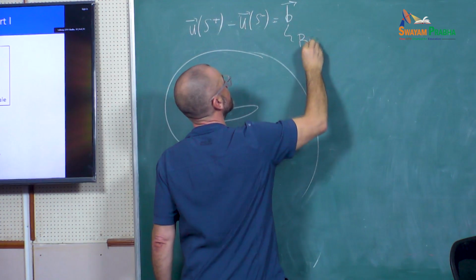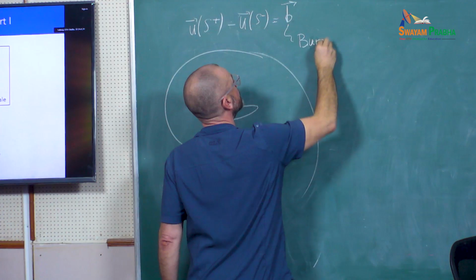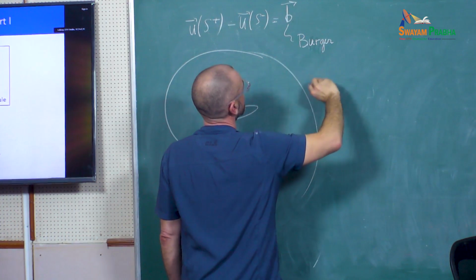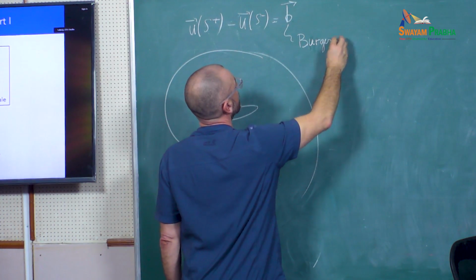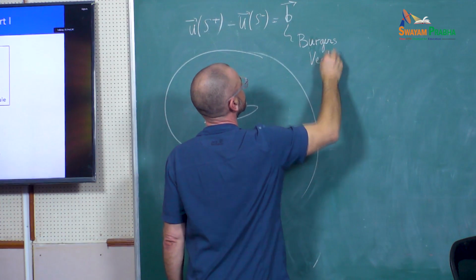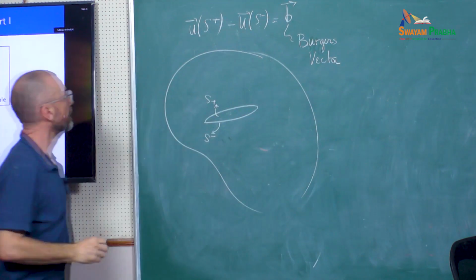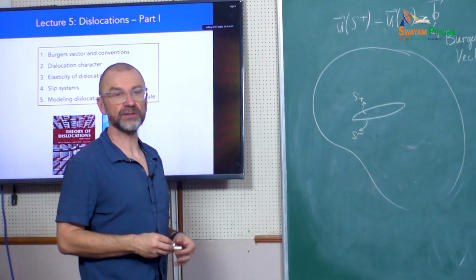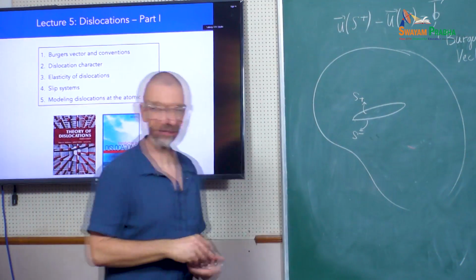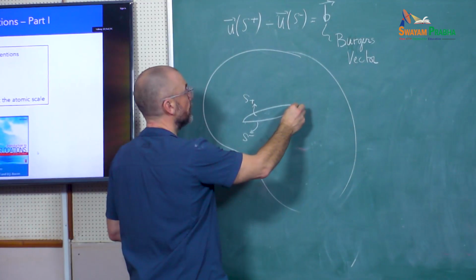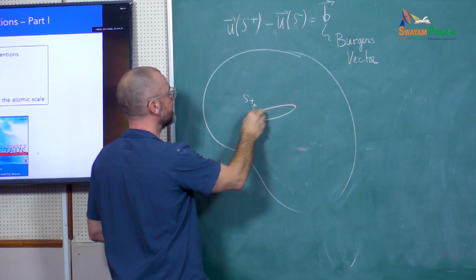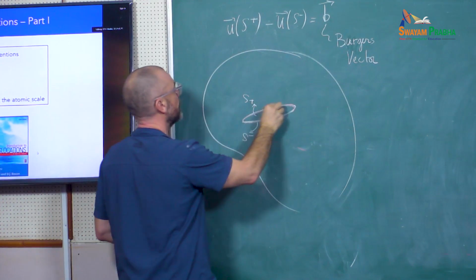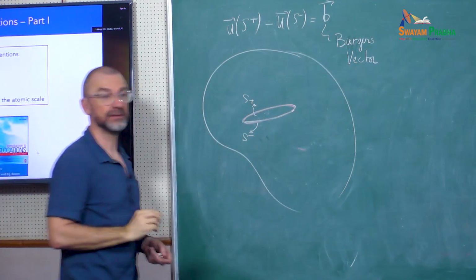There are other types of dislocations where b does not need to be constant, but they don't exist in reality. Now, in this process, where is the dislocation? It is at the boundary, where the cut surface ends.